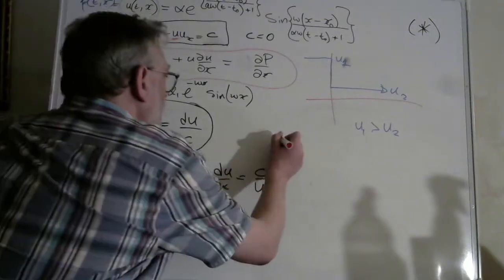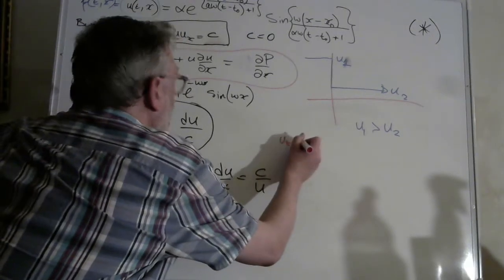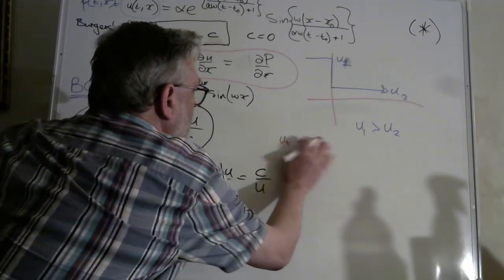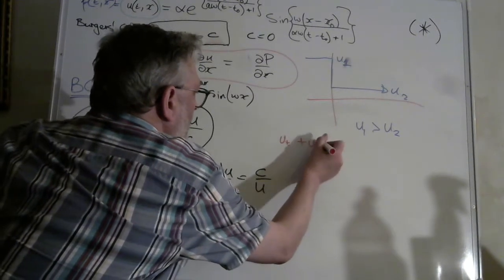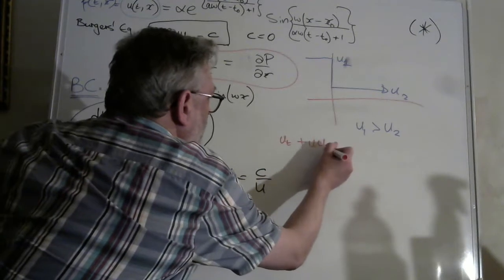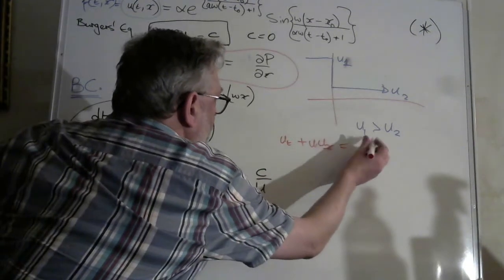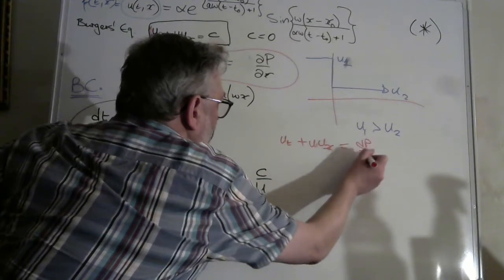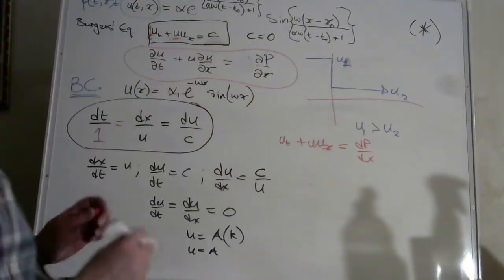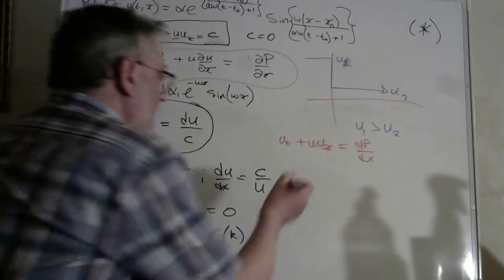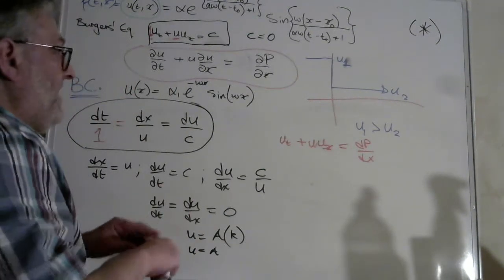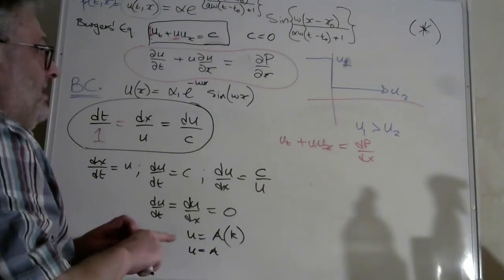So we've got u sub t plus u sub, excuse me, u sub x equal to, well, I'll just write dp by dx there. Now, again, solving by the method of characteristics, let me go to a blue pen this time.